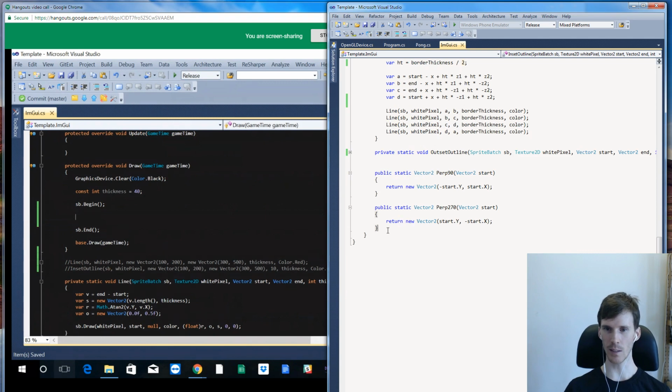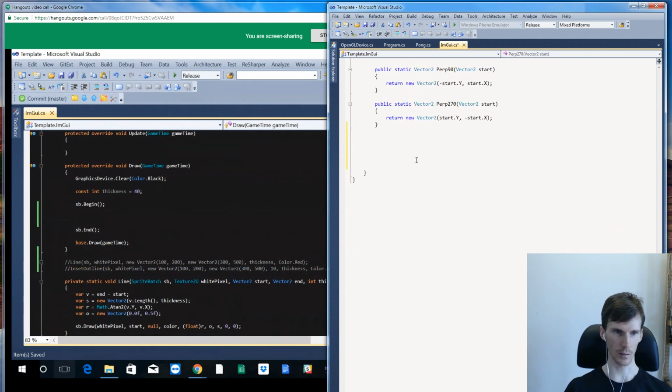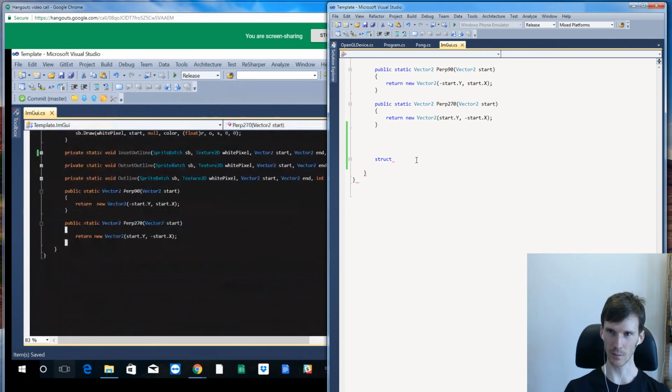Yeah, so let's just come down to the bottom, and let's say struct, and I know this is like an inner class or something. So let's say Matrix 2D. Let's call it that.